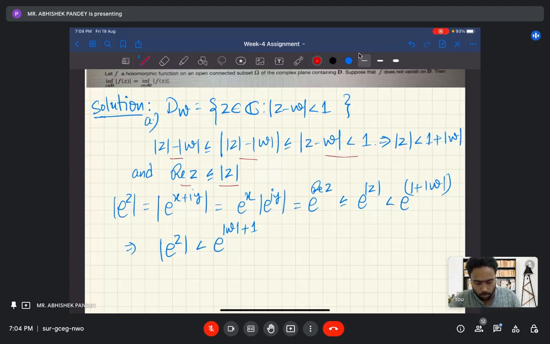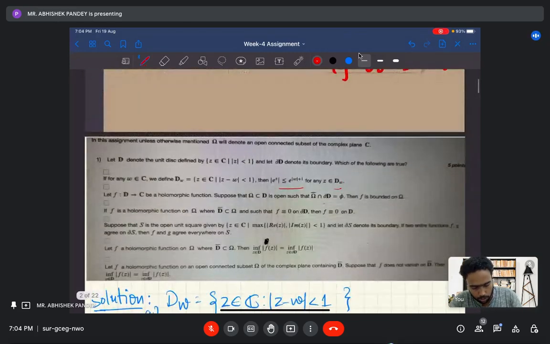Now once you calculate the modulus of e to the power z, with z = x + iy, we get e to the power x times e to the power iy. The modulus of e to the power iy is 1, so this is e to the power real part of z, and since real part of z is less than or equal to |z|, this is less than or equal to e to the power |z|, and |z| is less than |w| + 1. So modulus of e to the power z is less than or equal to e to the power (|w| + 1). So the first option is true.